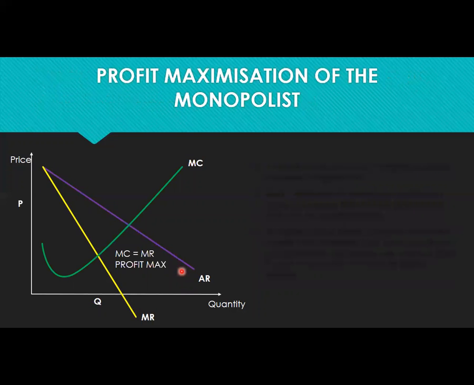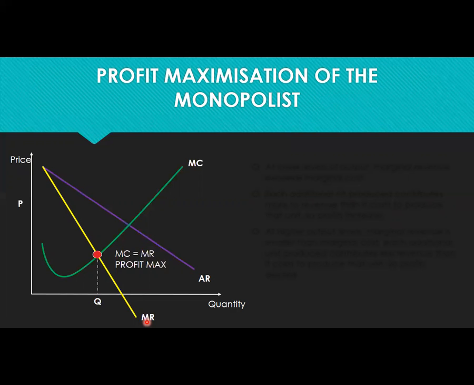Where is the profit maximization point of your monopolist? Now, for all of microeconomics, this stays exactly the same. Your profit maximization point is the point where your marginal cost curve intersects with your marginal revenue curve. So this point is your profit maximization point.